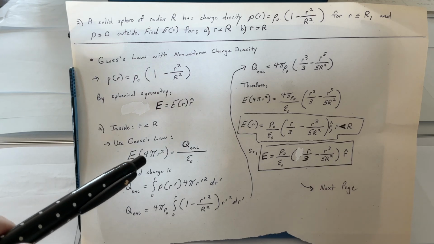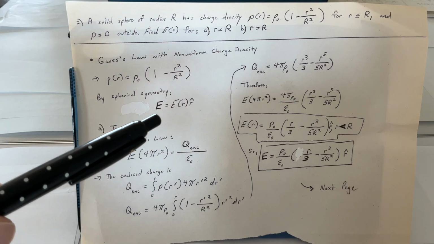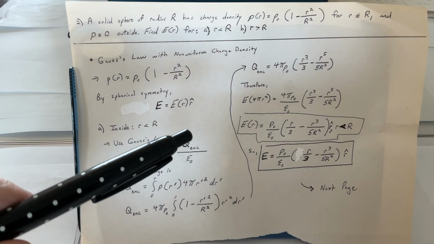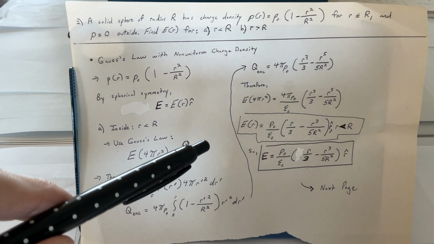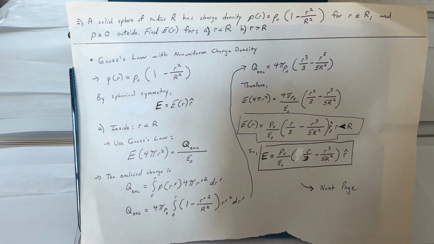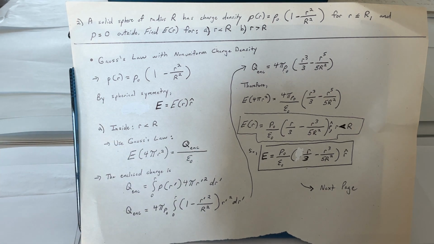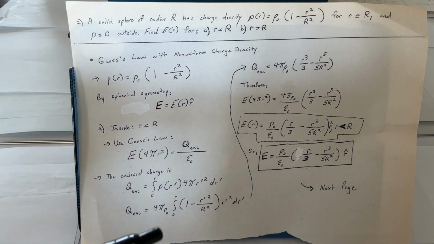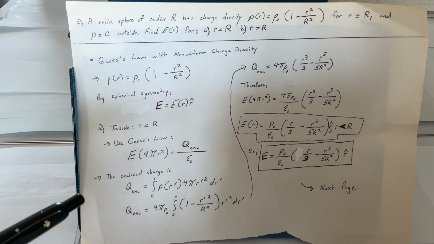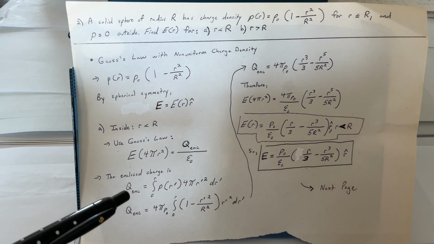This is going to be E times 4 pi r squared. Okay, that's going to be Q sub enc, the enclosed charge inside the Gaussian surface, over the permittivity of free space, epsilon naught. So the enclosed charge is as follows here.